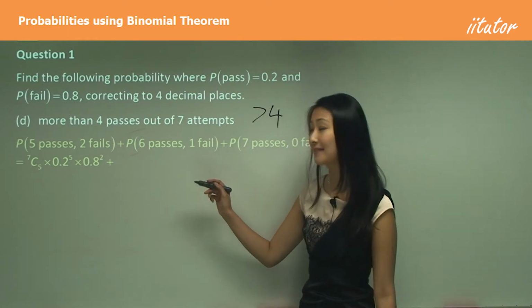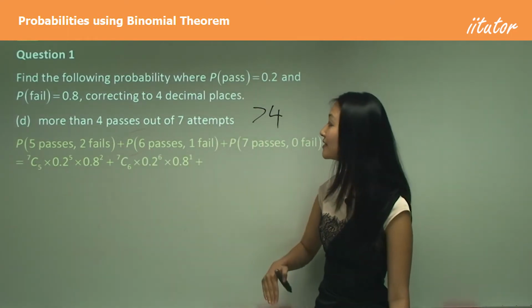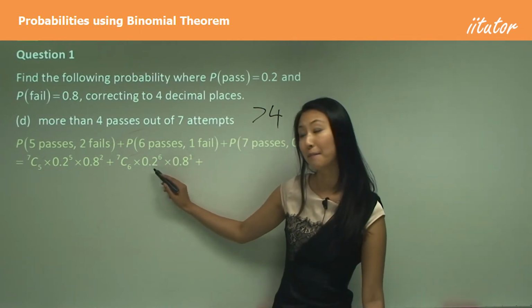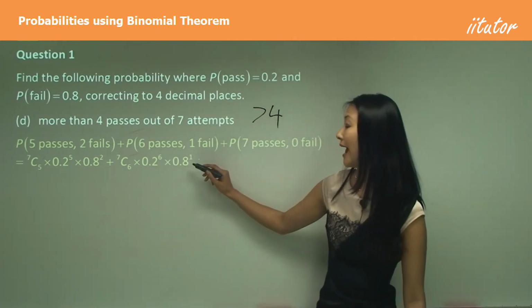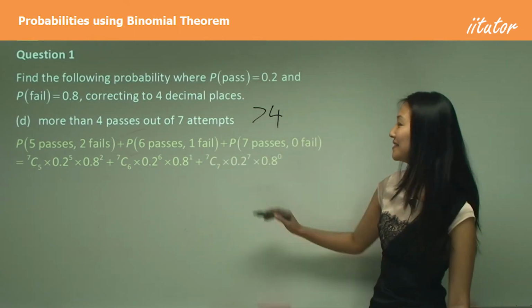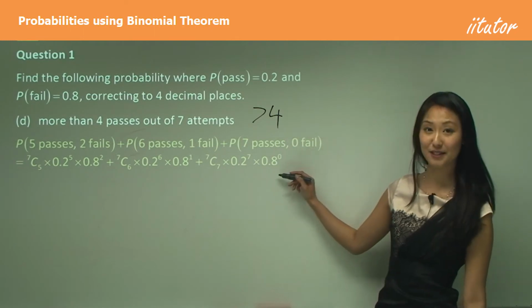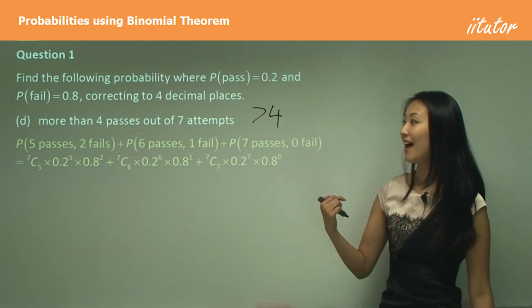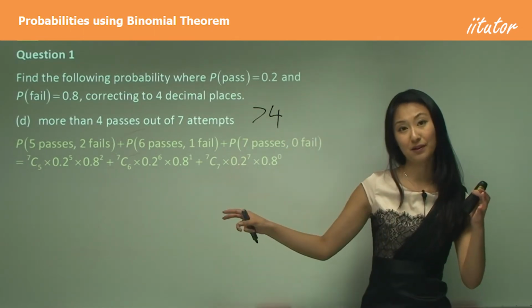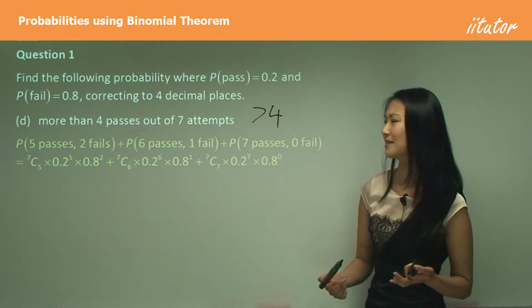Now for 6 passes, you'll have 7C6 to work out the number of combinations there are. Your pass rate to the power of 6 and your fail rate to the power of 1. And then finally, if it's all passes, you'll just have 7C7, 0.2 to the power of 7, and that'll just be to the power of 0. Now, I'd recommend you work out each of those separately and then add it all together. You don't want to have that extra thing for mistakes.